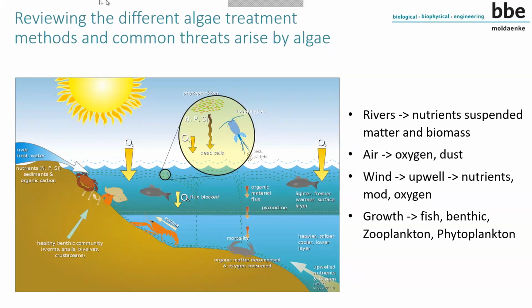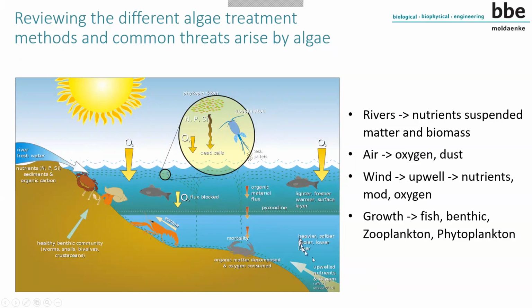That is a little bit of a picture of a lake. And what happens in these lakes, as Detlef already said, you get nutrients, phosphate and nitrate, from the rivers, oxygen from the surface, and dust from the surface.